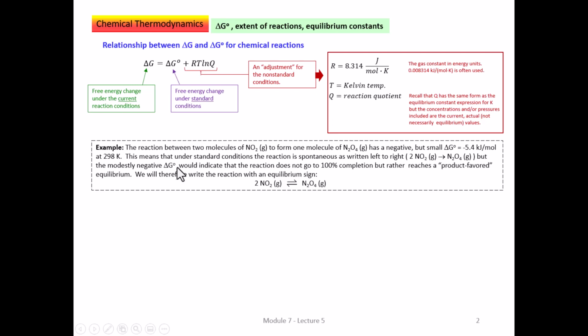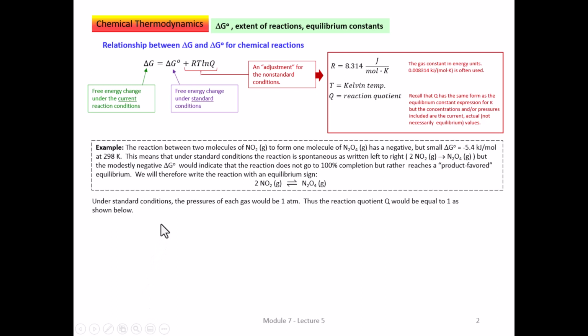Of course, this means that under standard conditions, the reaction as written from left to right, meaning going from NO2 to N2O4, is spontaneous. But the modestly negative deltaG would indicate that the reaction does not go to 100% completion, but rather reaches a product-favored equilibrium. So it might be more appropriate to write this equation with an equilibrium sign.